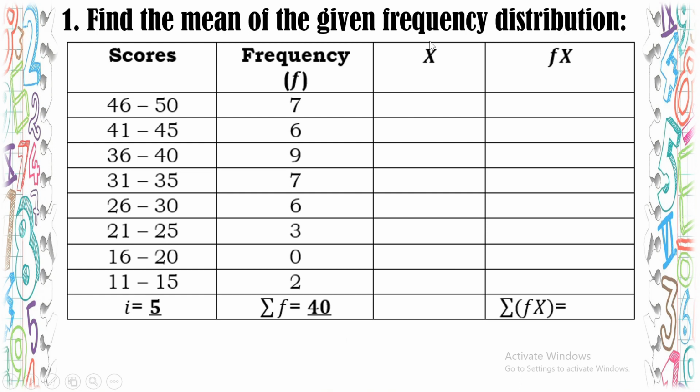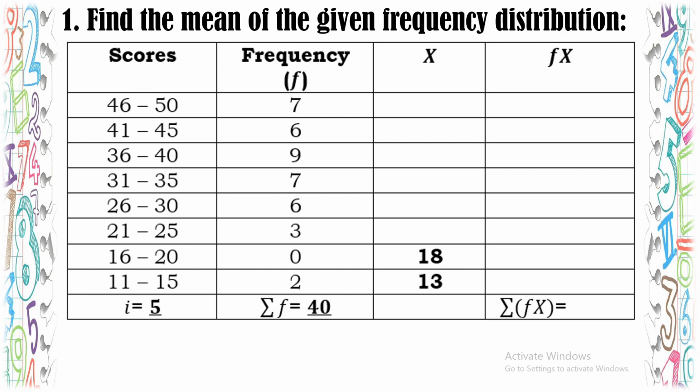Again, to find the class mark, we add the upper and the lower limit, then divide the sum by 2. So that's 15 plus 11, it's 26 divided by 2. We have 13. For the second class interval, we have 20 plus 16. That's 36. Divided by 2, it's 18.